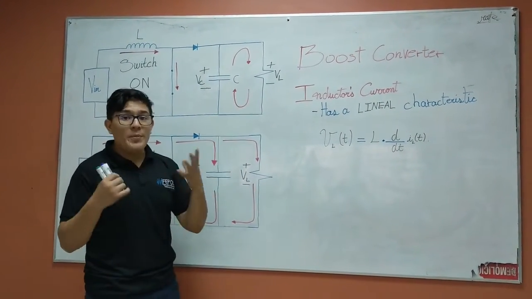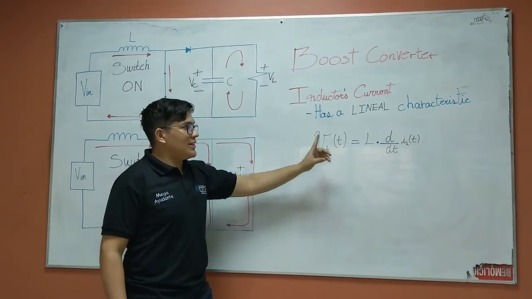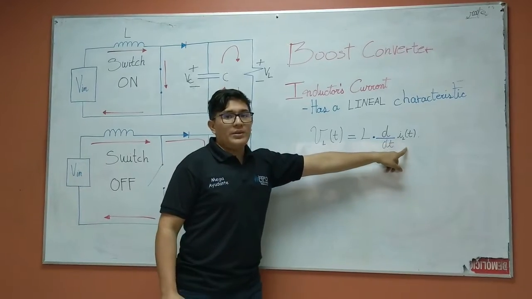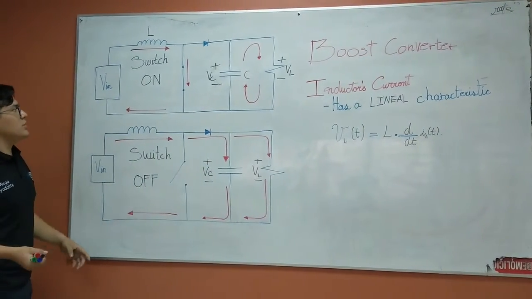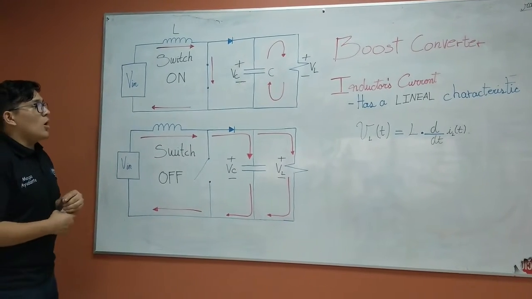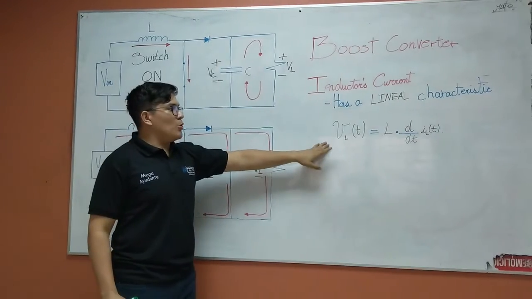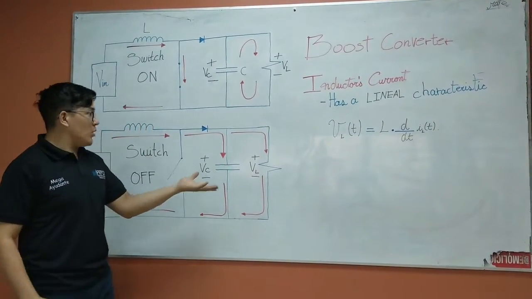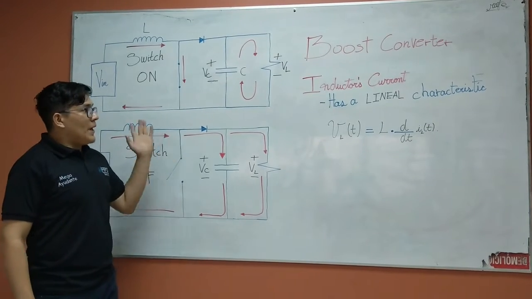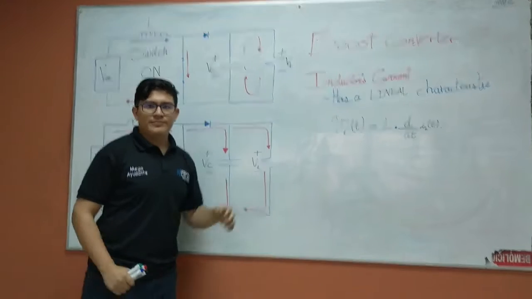That means this voltage is equal to the inductance times the rate of change of the inductor current. So we have something interesting here, and it is that this voltage doesn't have extreme changes over time. That's the reason why this current has a linear characteristic.